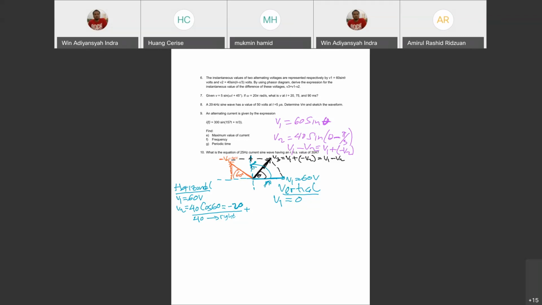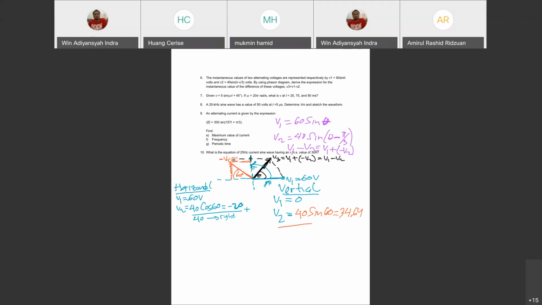What about V2? You project V2 onto the y-axis, and you will get 40 sine 60, equal to 40 times sine 60, which is 34.64.